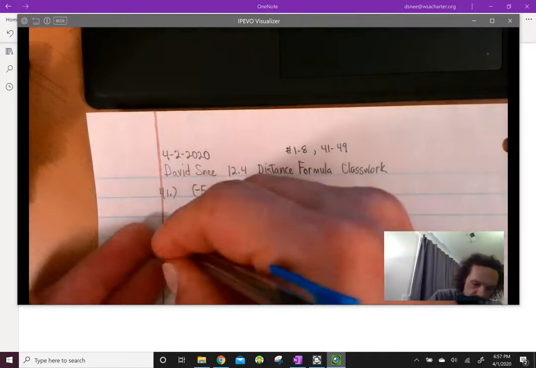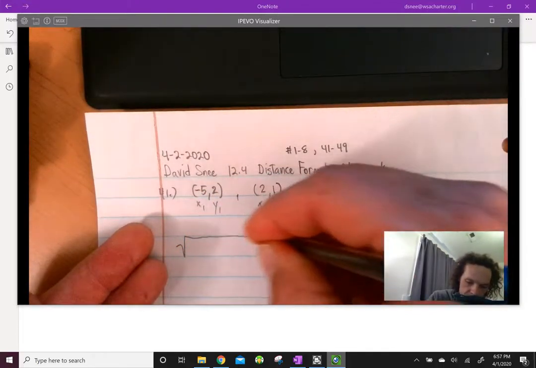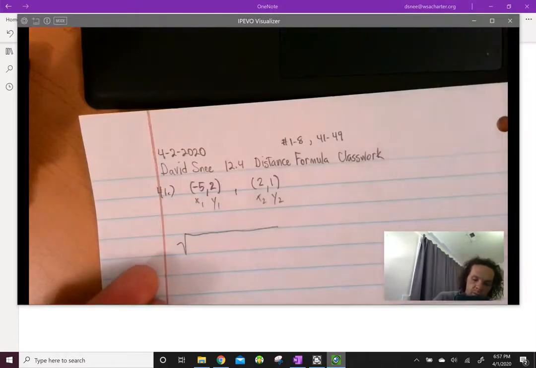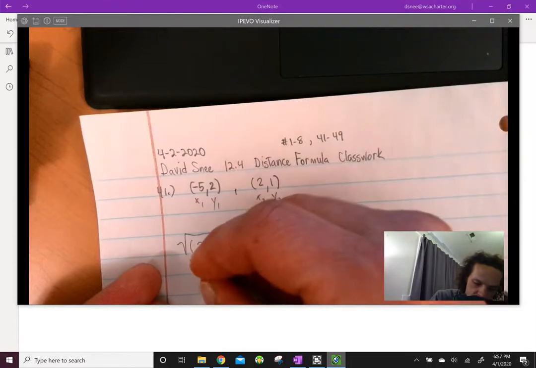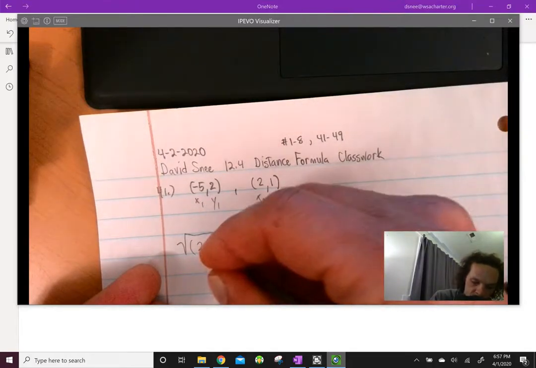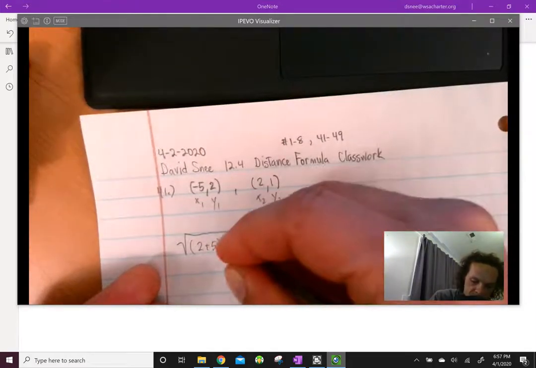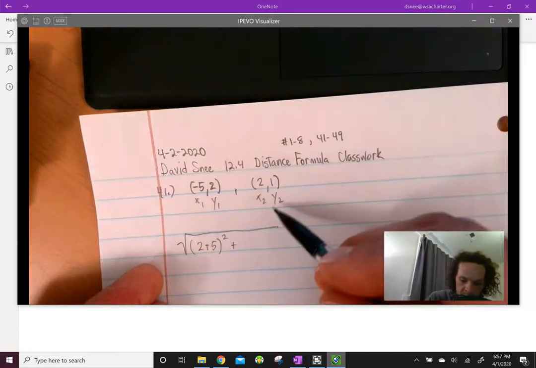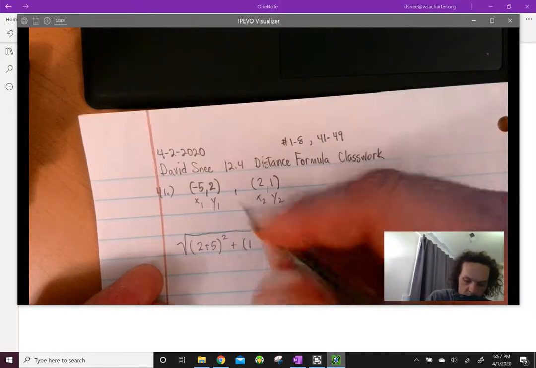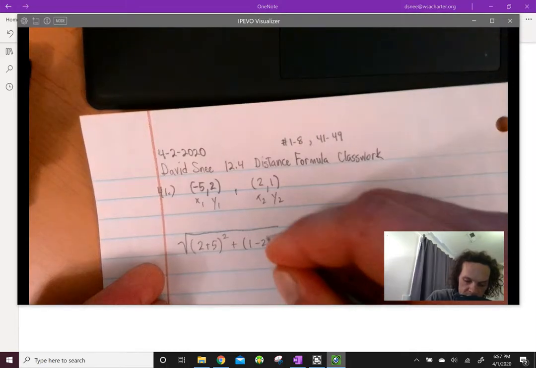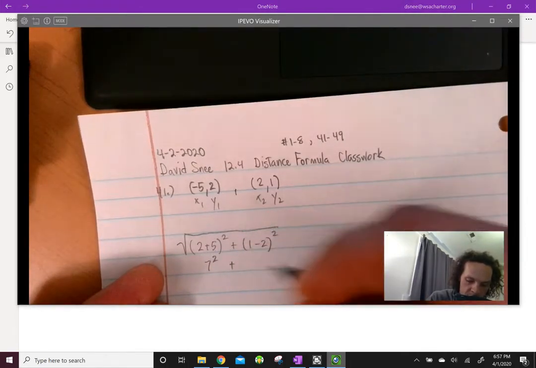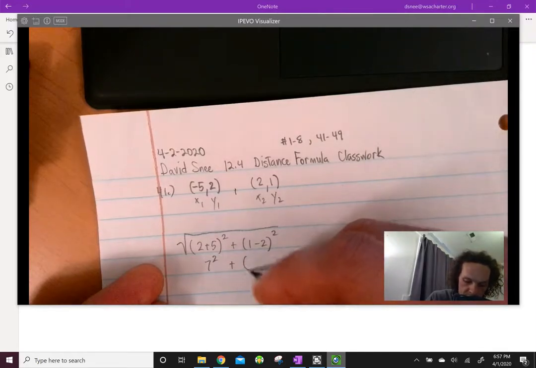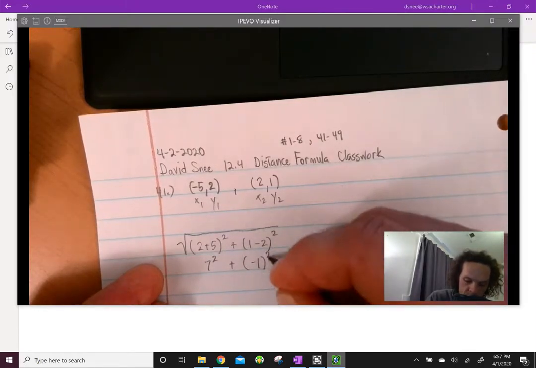So I'm going to put those values into that little radical symbol there. I'm going to do x sub 2, 2 minus x sub 1, which is a negative, so I'm actually adding. And then y sub 2 is 1, and y sub 1 is 2. So what I have is 7 squared plus -1 squared.